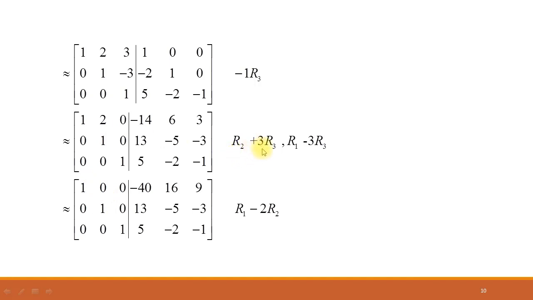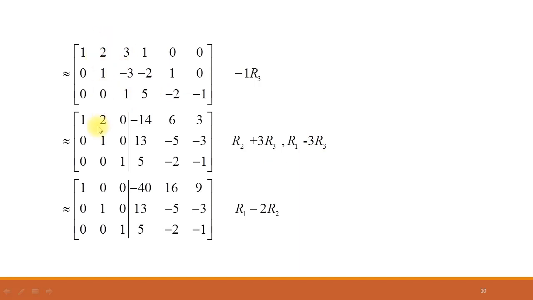For further row operations, to make this entry 0 and this entry 0, we add 3 times R3 to R2, and we add minus 3 times R3 to R1.